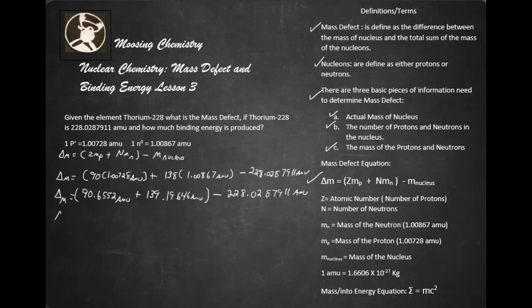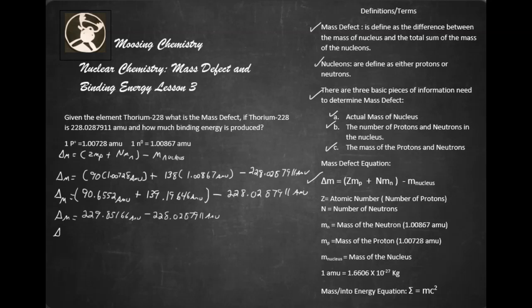So delta M is equal to 229.85166 AMU minus 228.0287911 AMU.